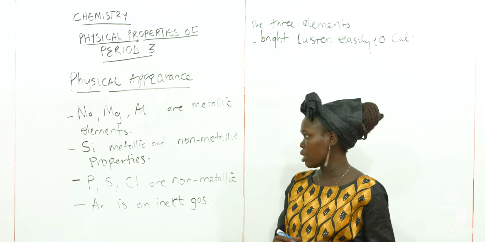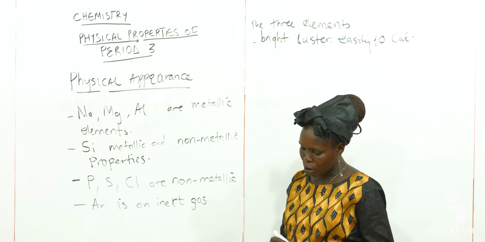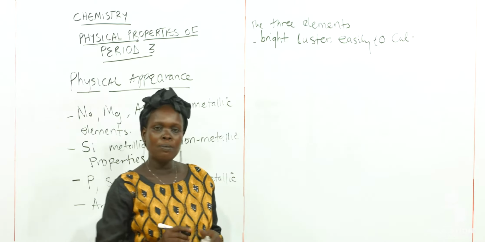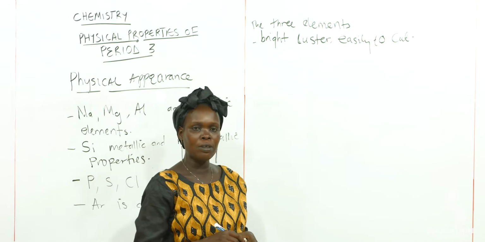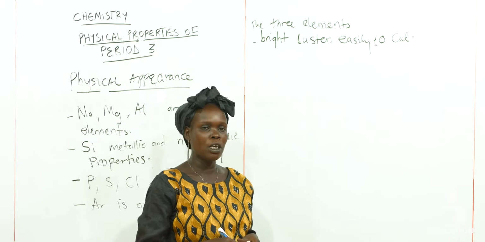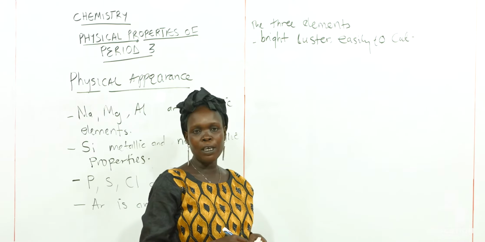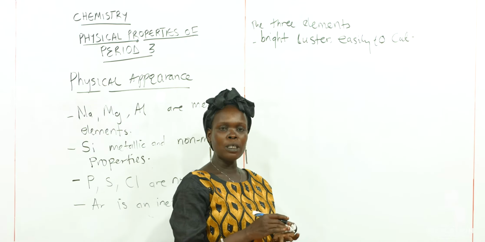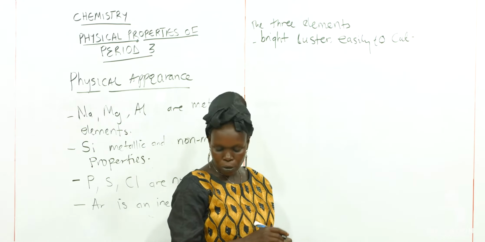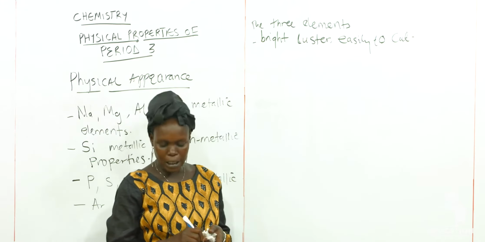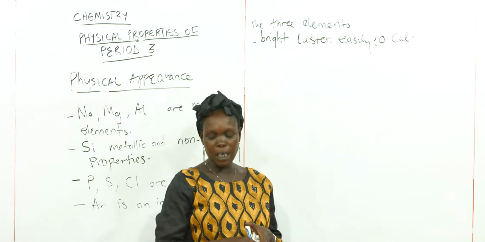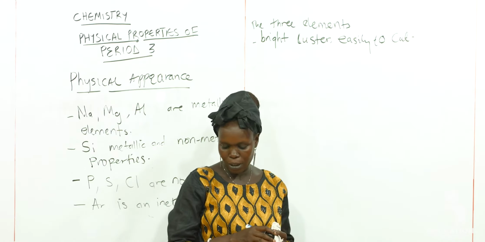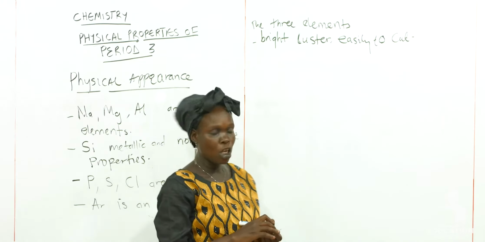We can also continue with the melting points and boiling points of these elements. Because they include different types of elements, that is metal, non-metal, and inert gas, their boiling points vary. Sodium, magnesium, and aluminium have a giant metallic structure, maintained by strong metallic bonds.